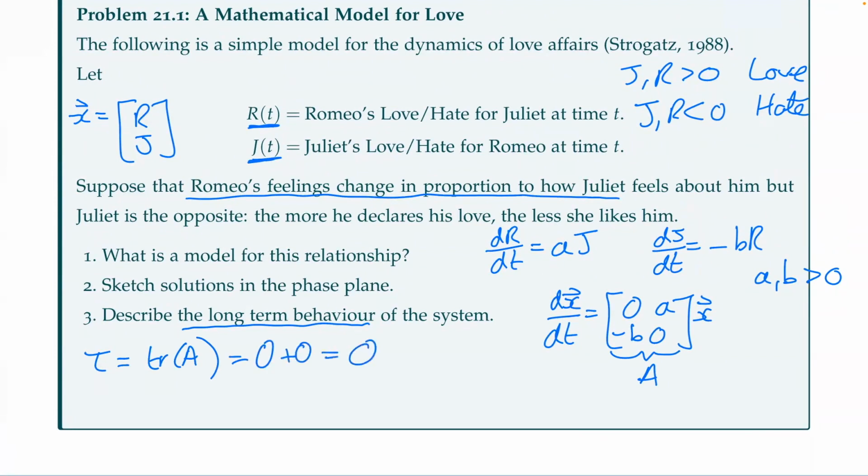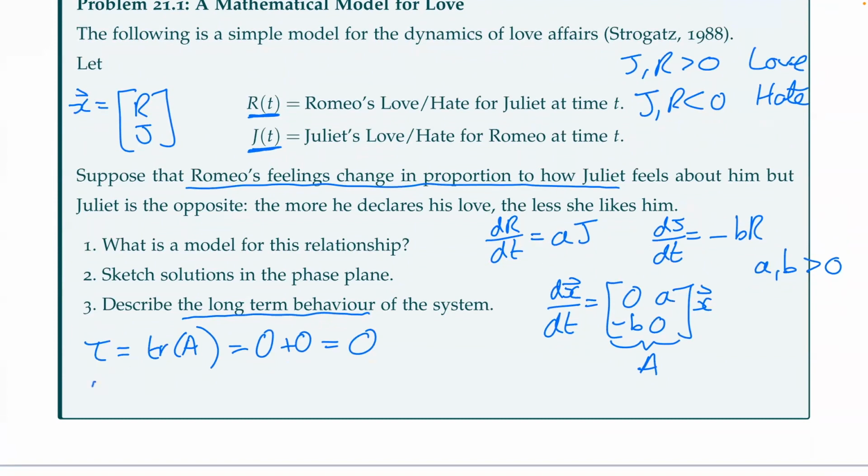So this is 0. If I look at my determinant, we have 0 times 0 minus minus B times A, so we're going to have plus AB. And since A and B are both positive, this is going to be positive.